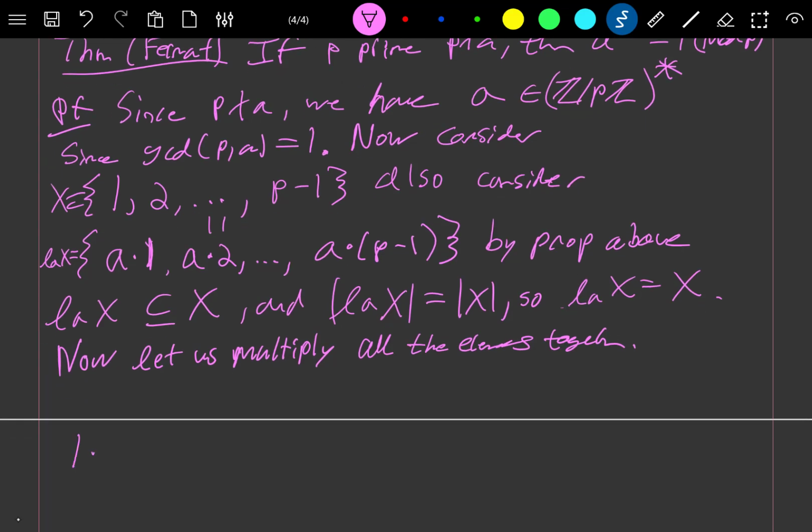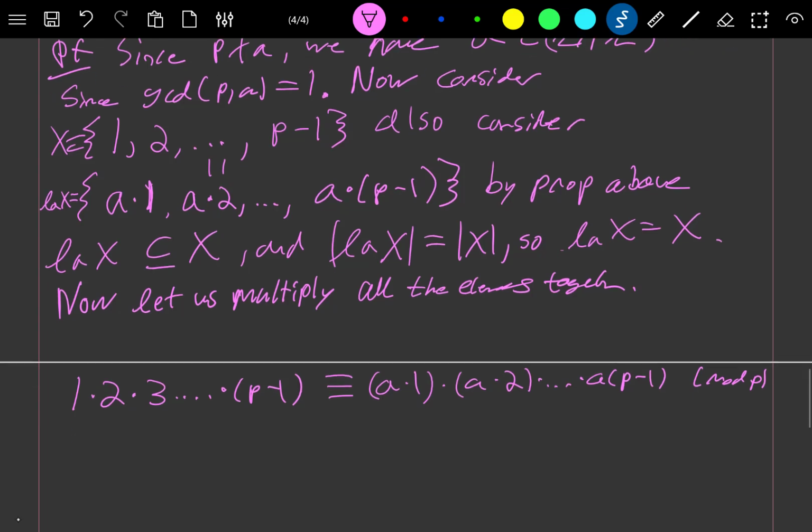So on one hand, we get 1 times 2 times 3 all the way to p minus 1. So this must be equivalent to a times 1 times a times 2 all the way to a times p minus 1. This is, of course, modulo p.